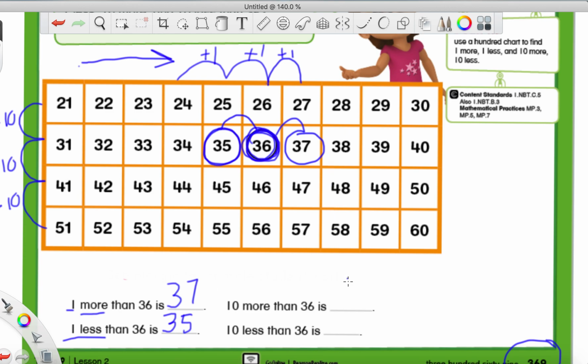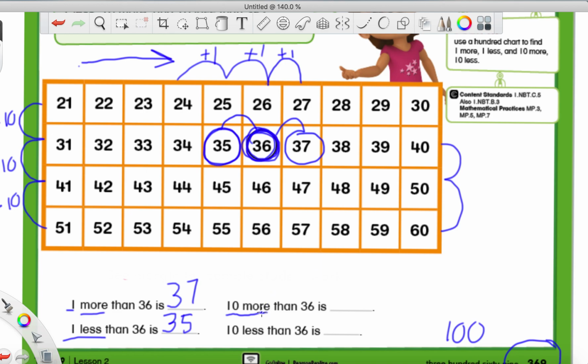Okay. Now, let's do 10 more. 10 more than 36. Now remember, when you go down on a 100 chart, the numbers are getting bigger, right? 40, 50, 60, and then way down here is going to be like 100. Way at the bottom, okay? So we want to go down towards that 100.